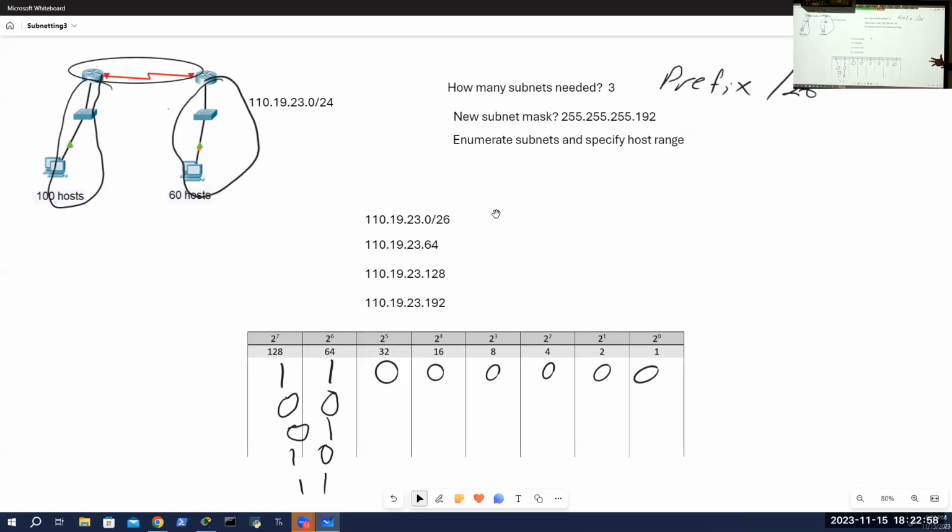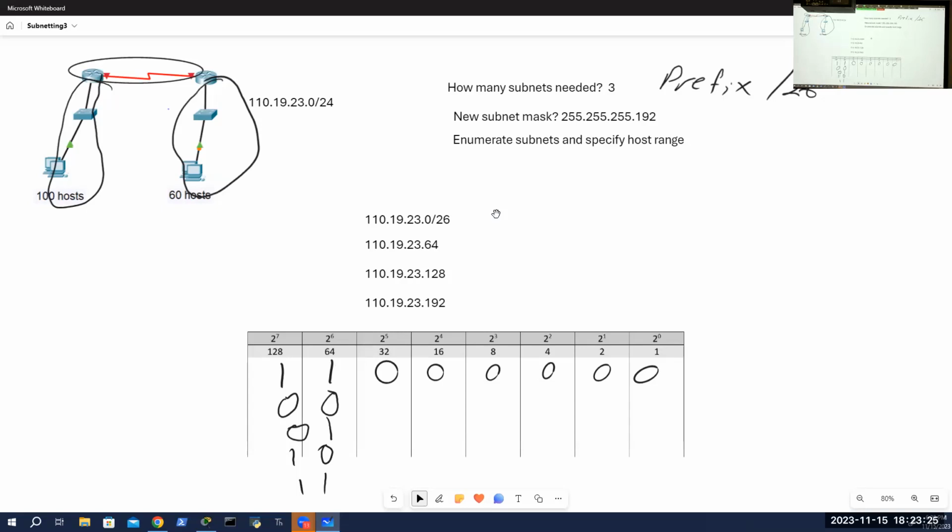Because if there were more than 254, there's no way you're going to do it. Really, you have to subtract the network and broadcast for each subnet, so that's 4 more addresses gone. So if it's more than 250, there's no way you could do it. But in this case, there's only 162 addresses that we need. So I bet there's a way to do it.